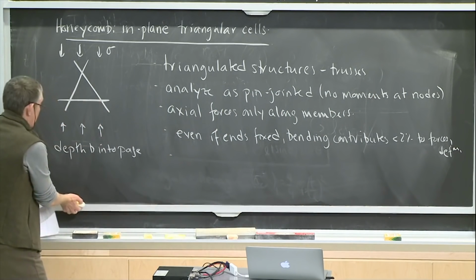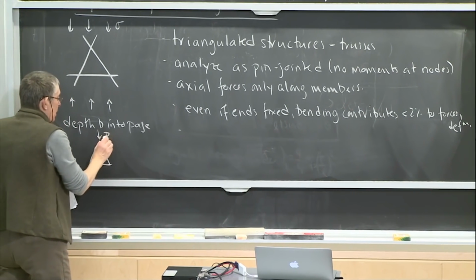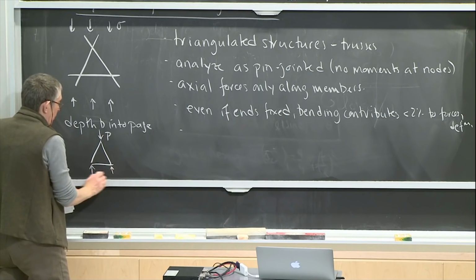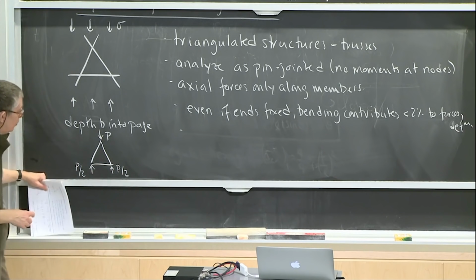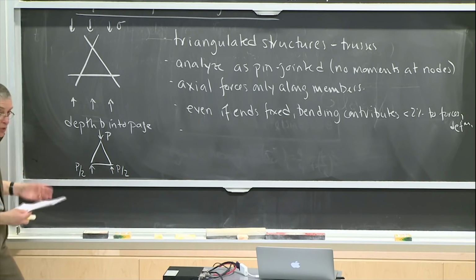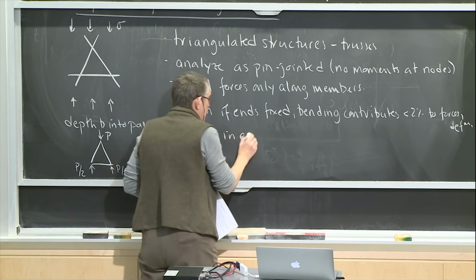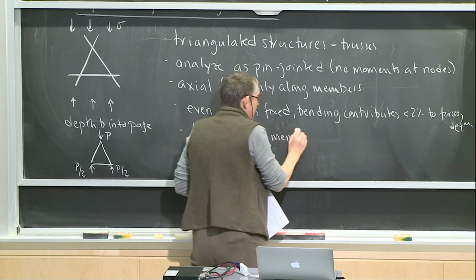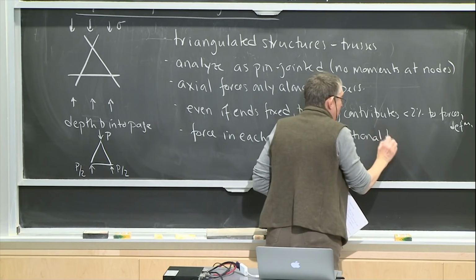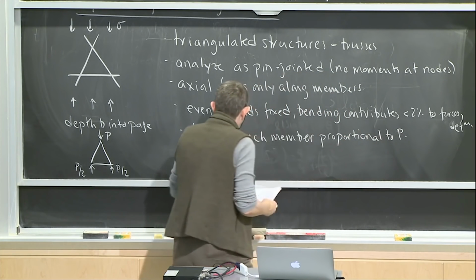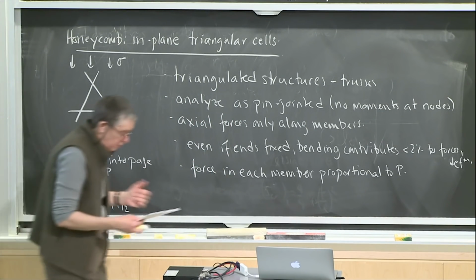So if I have a triangular cell like that, and say I pick a unit cell like this, and I say that the bulk stress produces a load of P on the top and P over 2 at each of the bottom nodes there, then the force in each member is going to be proportional to P. And for a given geometry of triangle, you can figure out exactly what the force distribution would be in each of the members.